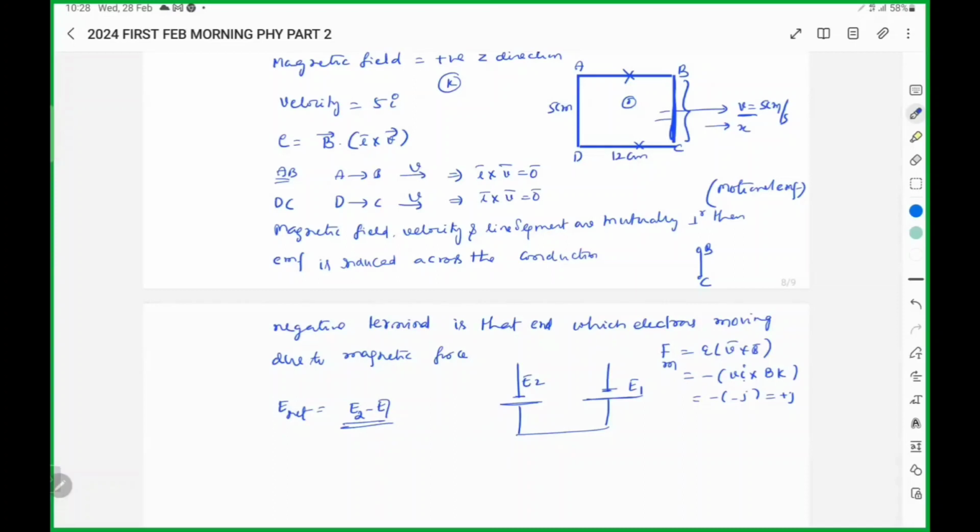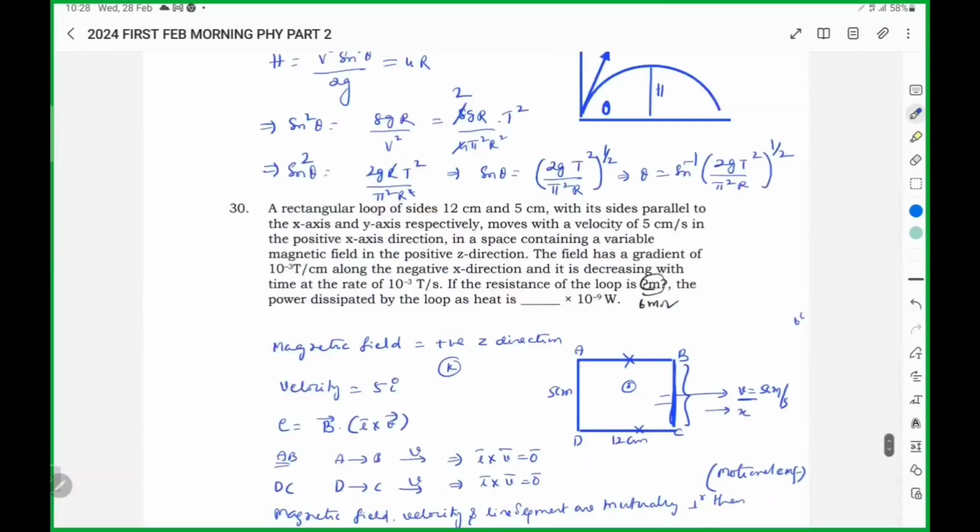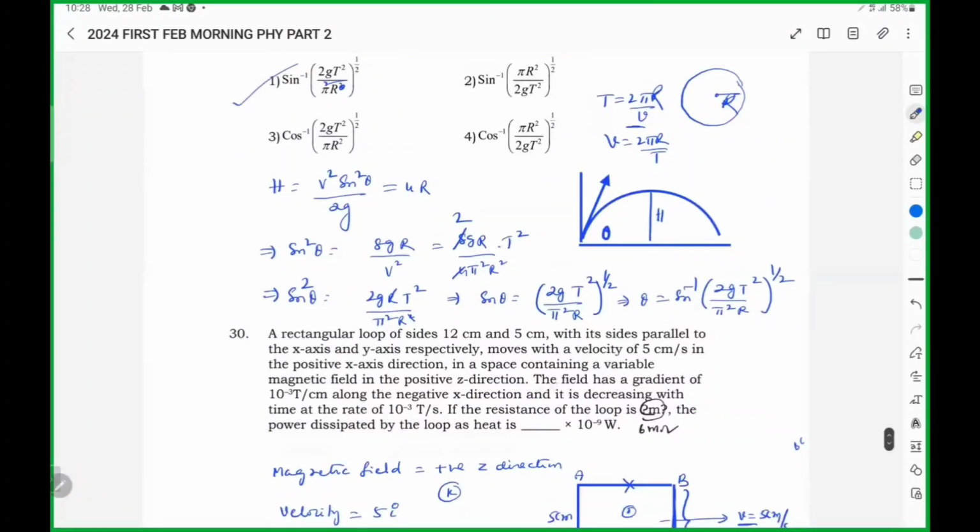So how do we calculate EMF? If you take a reference, magnetic field is B naught. So what will be the magnetic field? Because he told in the question that field has a gradient along the negative X direction.